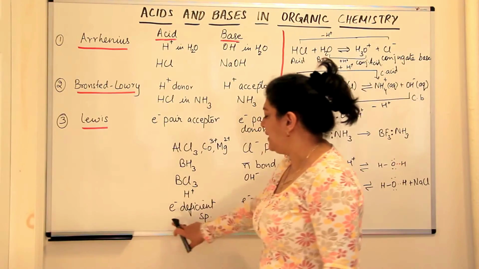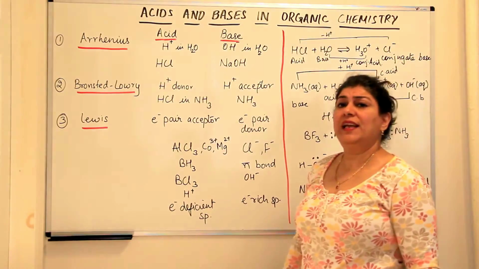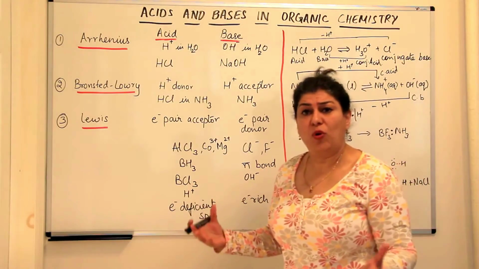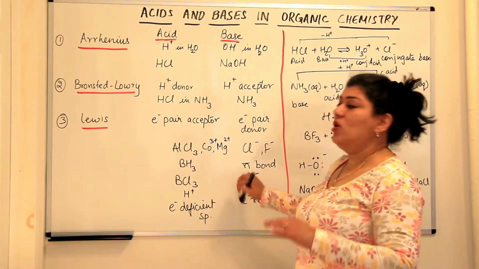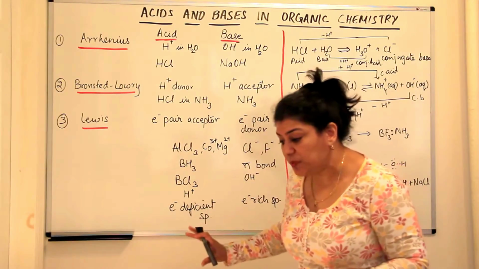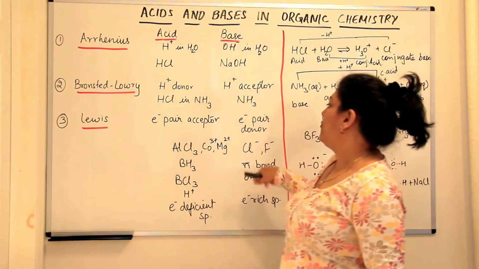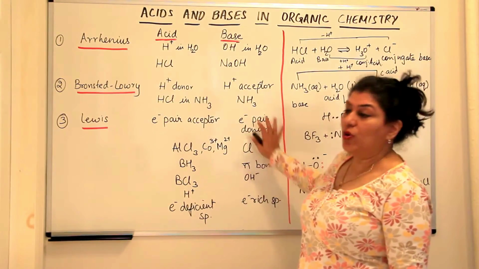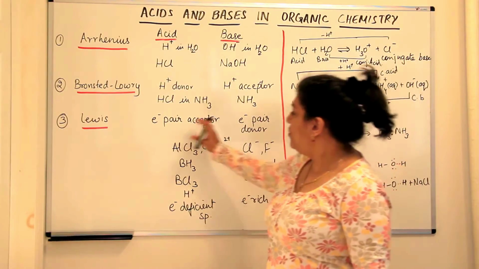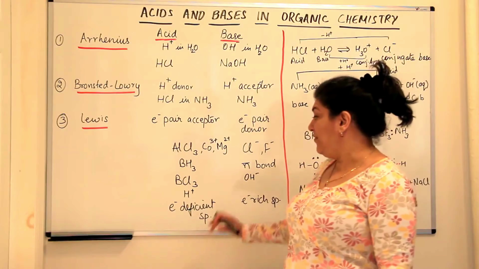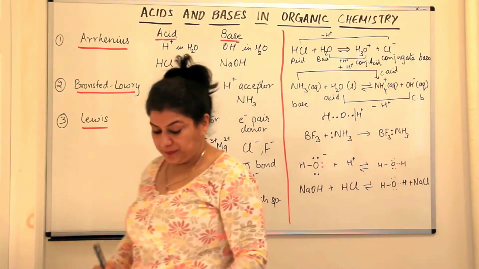All of these are electron deficient species. And Cl negative, F negative, even the electrons of a pi bond, OH negative, all of these are electron rich species, and they tend to donate these electrons, and therefore these are electron pair donors, and they act as bases. All of those that are electron deficient are known as Lewis acids.